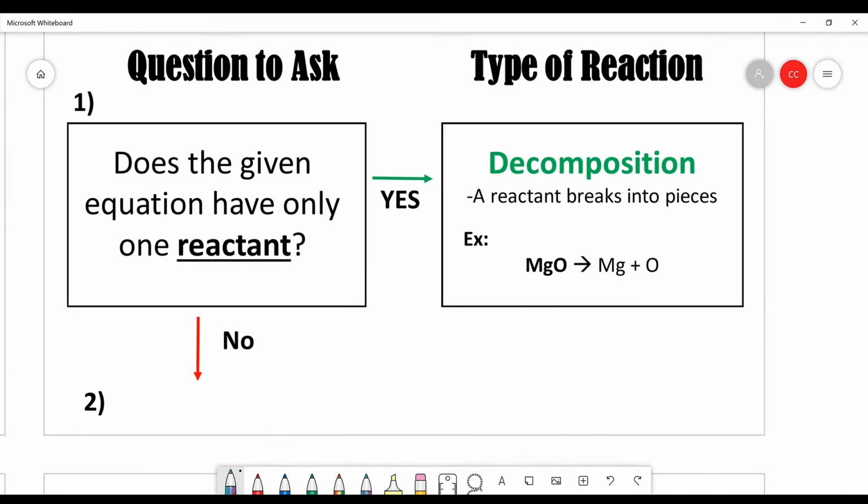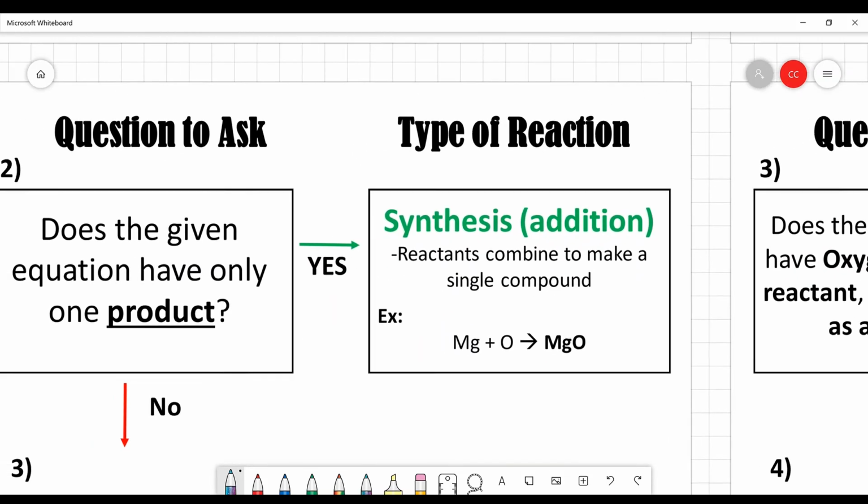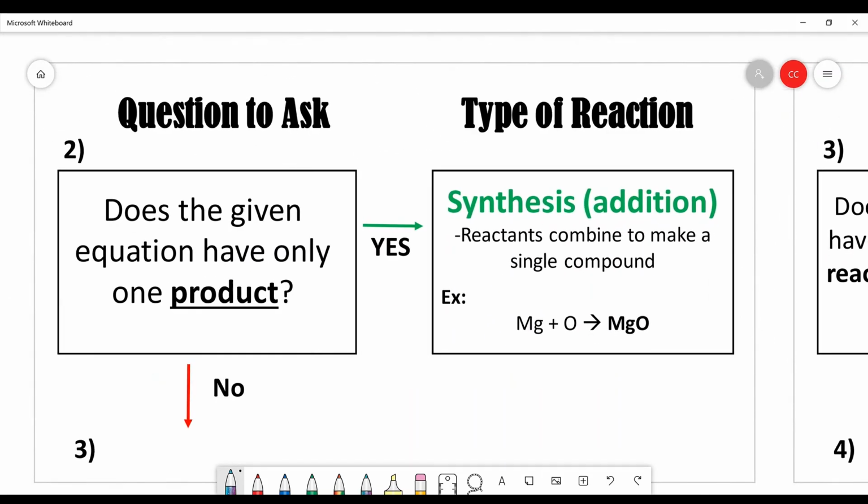Breaking down into 2 or more products is decomposition. Reactants forming one product is synthesis.